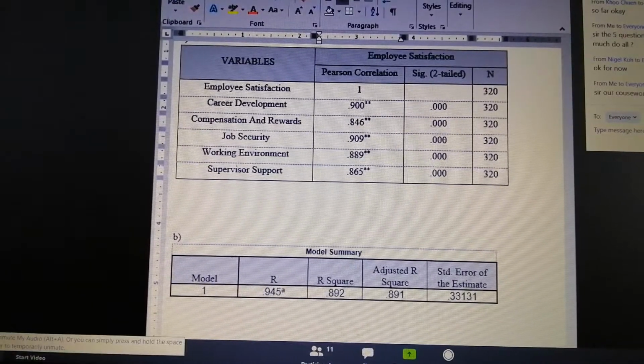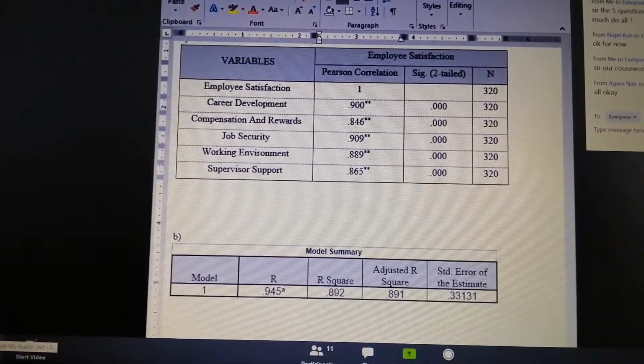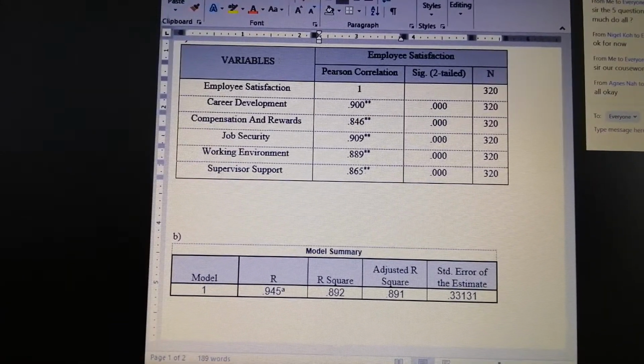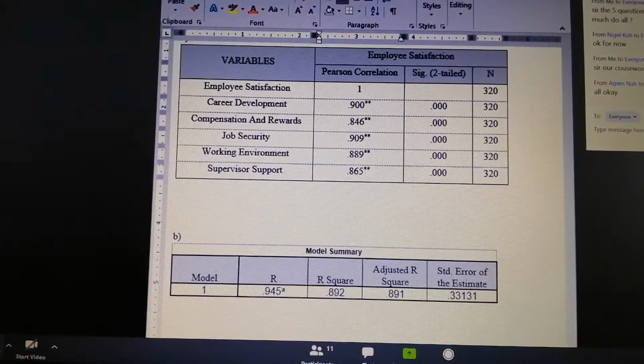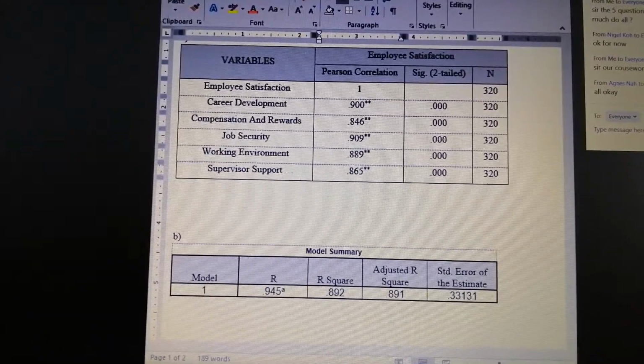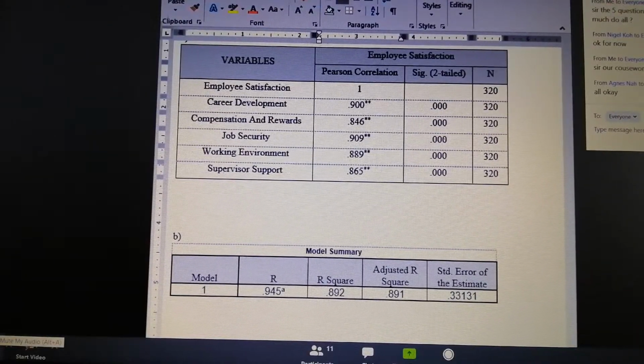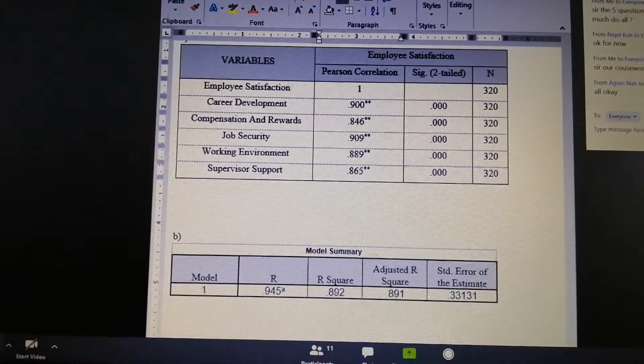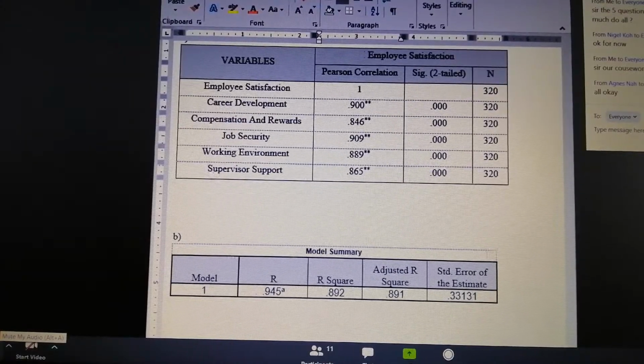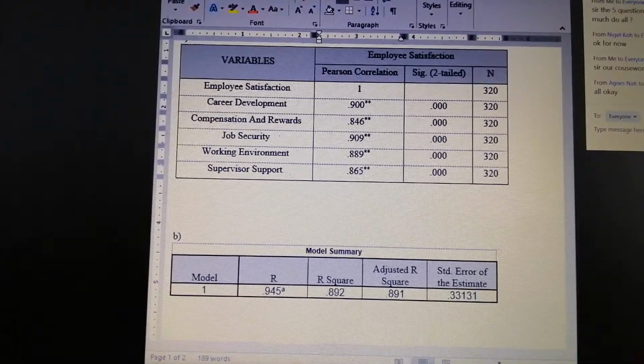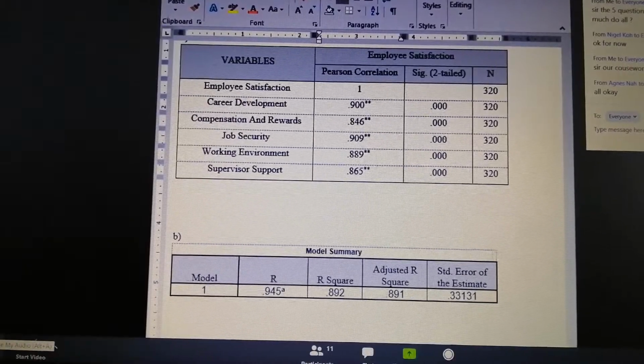Sir, will the coursework mark be given tomorrow? The coursework mark is actually not supposed to be released until after your final exam. That is the standard procedure. We usually do not release the coursework mark beforehand because we expect that most students, once they know they have already passed, would not do well in their final exam.